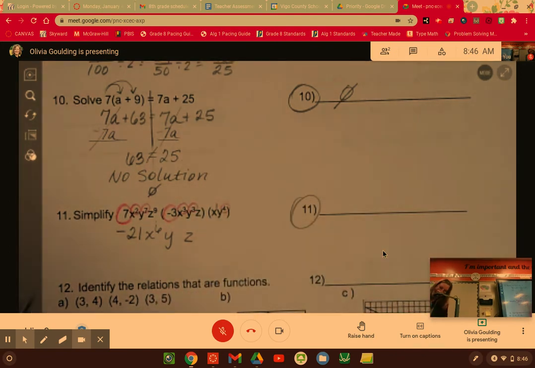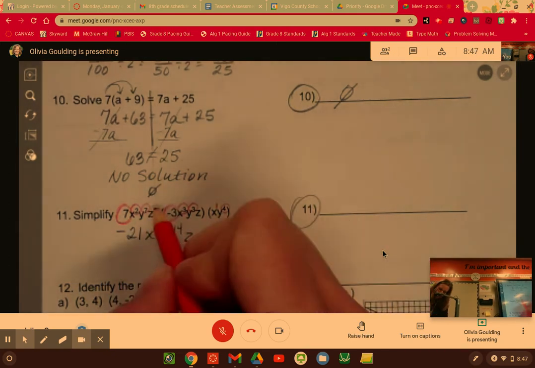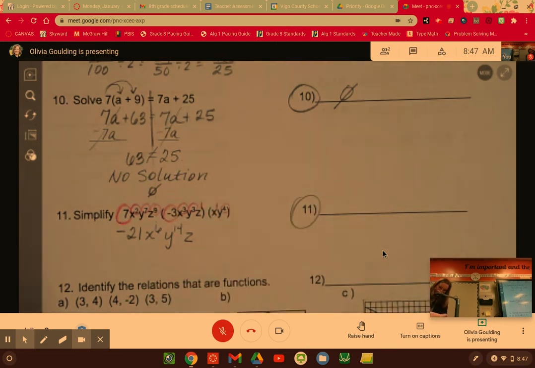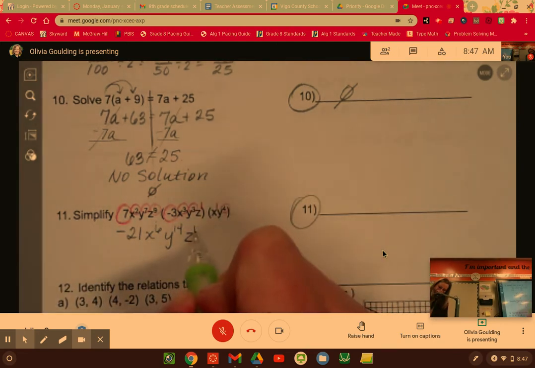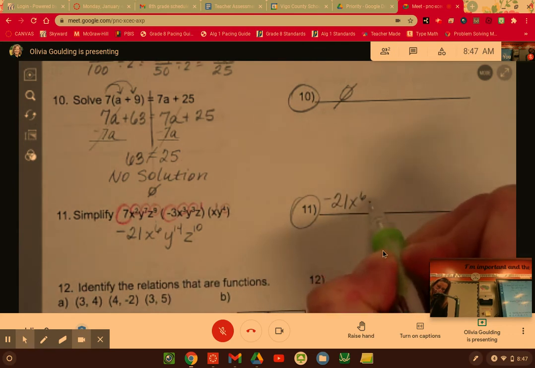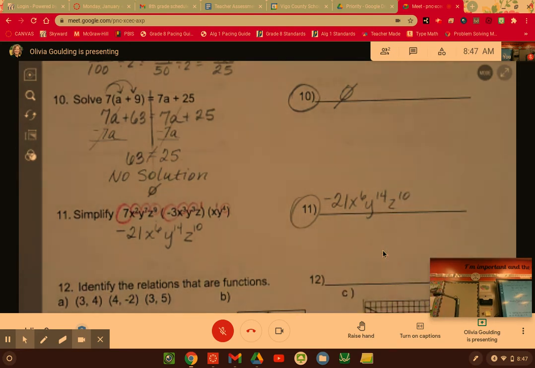So y to the 14. And then how many z's all together? 9, 10, nothing, right? So just 10. So z to the 10. Negative 21 x to the 6th y to the 14th z to the 10th. Okay? All right. Let's do number 12.